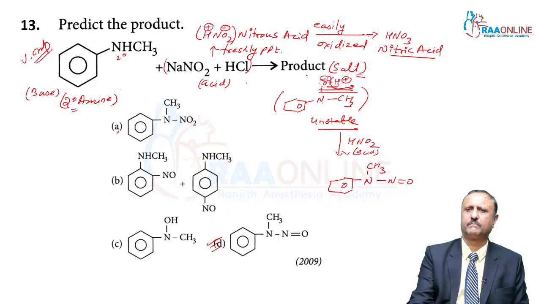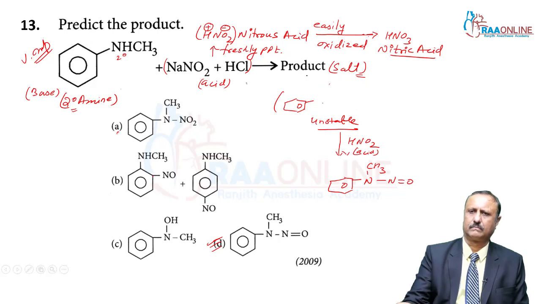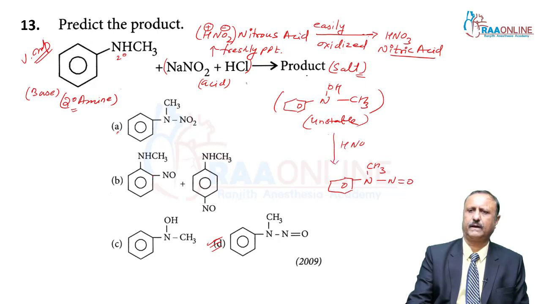The compound can react further in this form, and the unstable N(OH)CH3 reacts with HNO2 and forms this N-nitrosoamine.